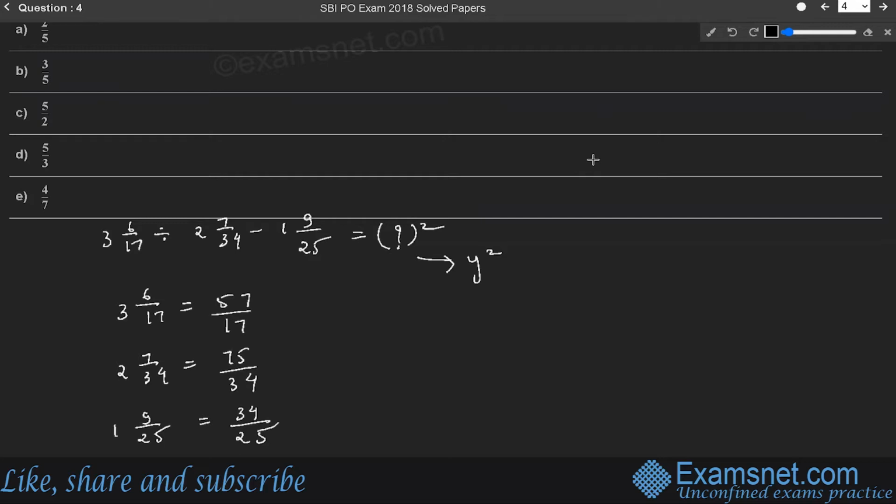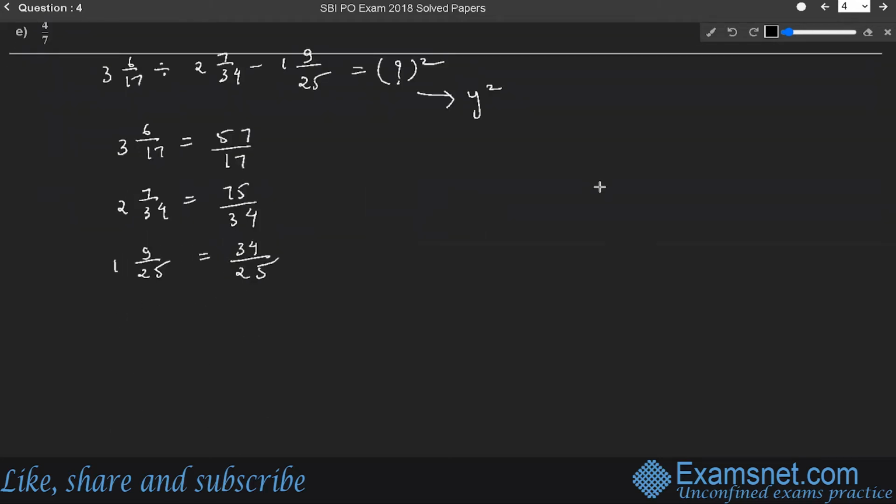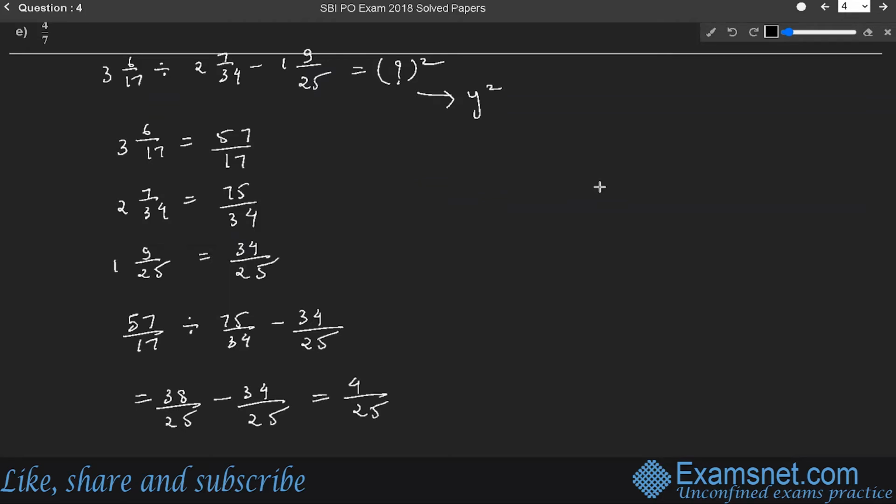What we have done is we have converted the mixed fraction into simple fraction. Now we have to use the BODMAS rule here. So by using the BODMAS rule, 57 upon 17 divided by 75 upon 34 minus 34 upon 25. So this will be equal to 38 upon 25 minus 34 upon 25, which is equal to 4 upon 25, which is equal to y square.